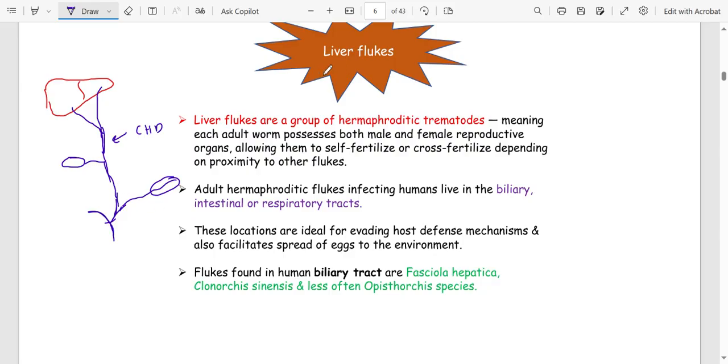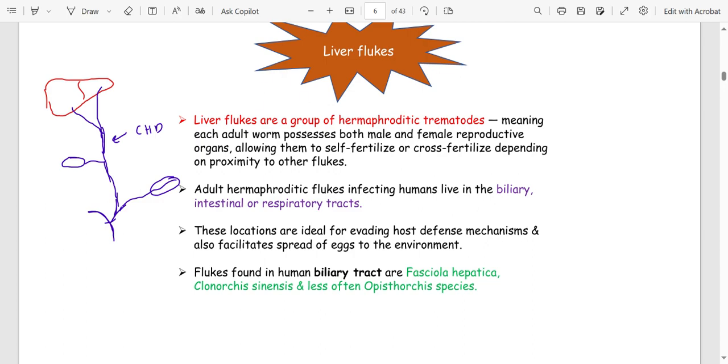So these liver flukes can occupy any region of this tract that we've discussed. This is what we call the biliary tract, because that's how bile flows from the liver, going to the bile duct and then flowing down. But take note that it can also be found in the intestines and the respiratory system.